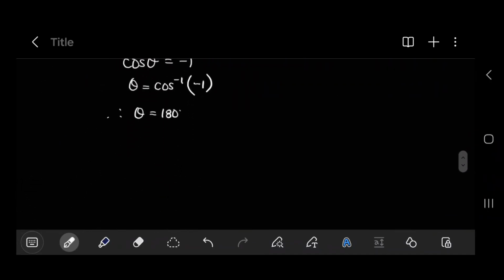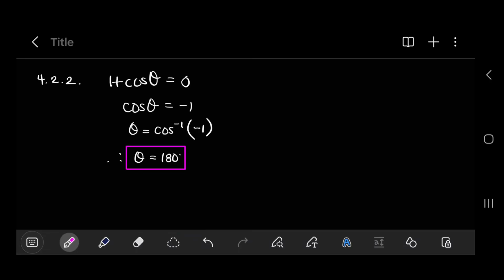We wanted to know the value of theta that, when we substituted, made the fraction undefined, and the value of theta had to lie between 0 and 360. So that brings us to the end of this paper. This paper was out of 75 marks in total, and it was written over 1.5 hours.